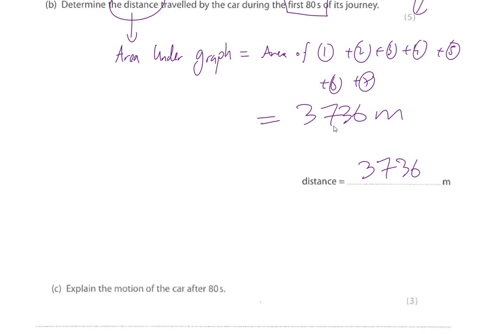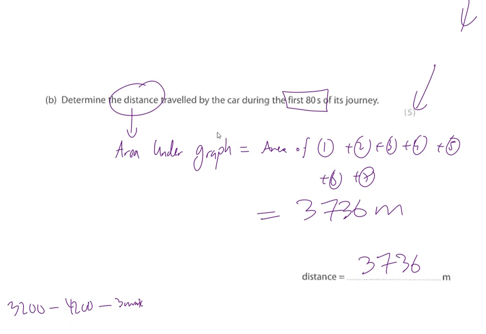All right. Now, the range. Again, it depends on what kind of answer you've done. If you got a bigger range, so if you've got the range from 3200 to 4200, this will be 3 marks, given that you've done some good working out there.